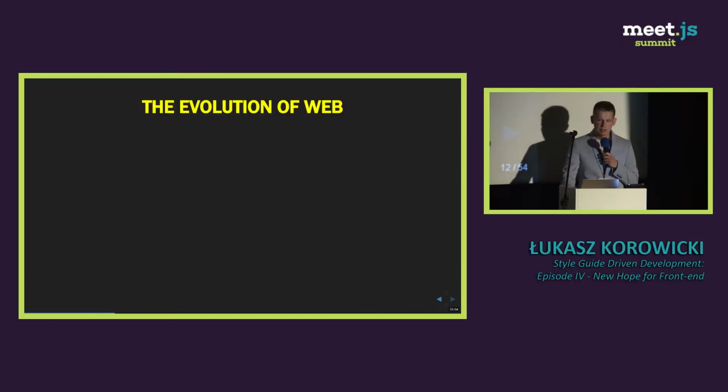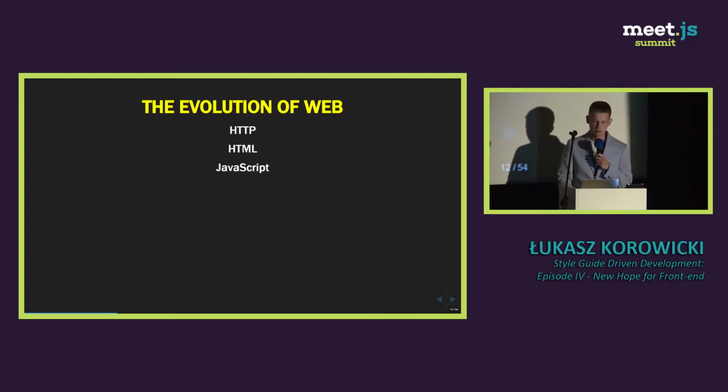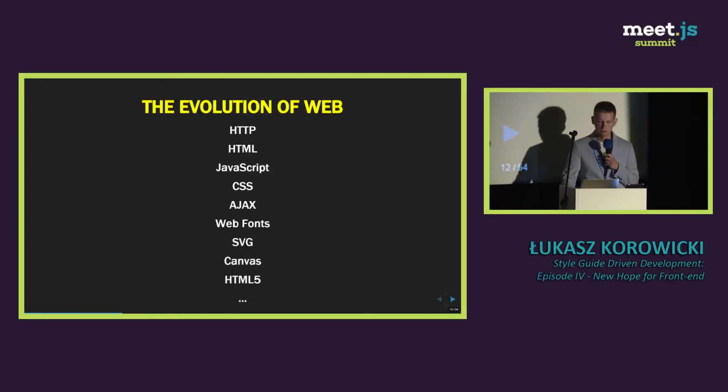The main technologies which started were HTTP, then HTML, JavaScript, CSS, Ajax, web fonts, SVG, Canvas, HTML5, and what will be next, we don't know yet, but as we can see, web development is growing really fast.